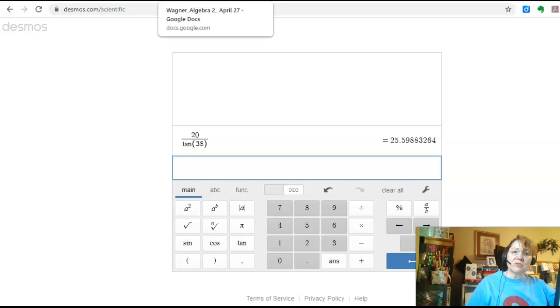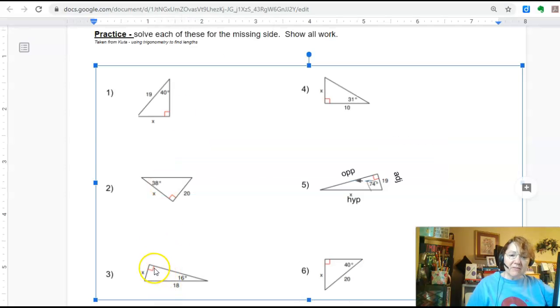All right, so let's do another one. So we have number 3. I'm going to turn my writing tools on, and that gives me my opposite. Then I have my hypotenuse, and I have my adjacent. It's sloppy when I do this, but that's okay. So it looks like I have sine again.